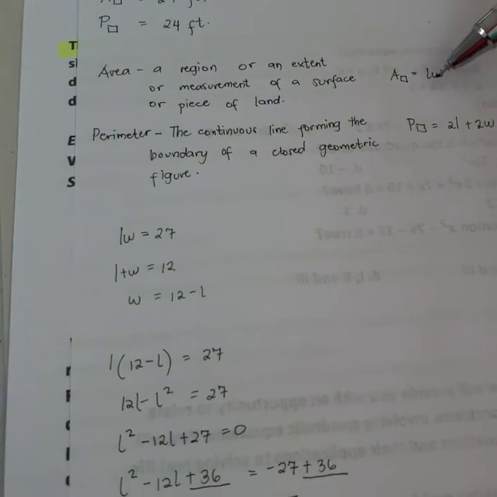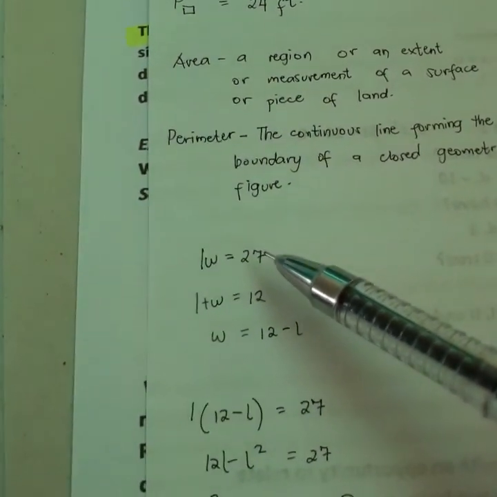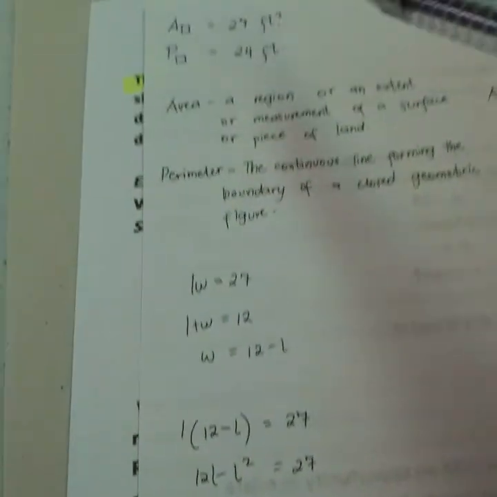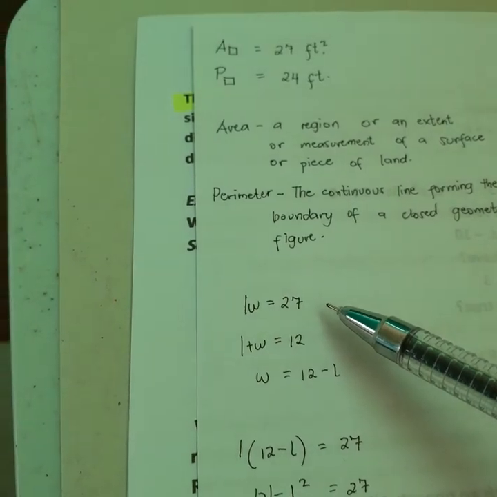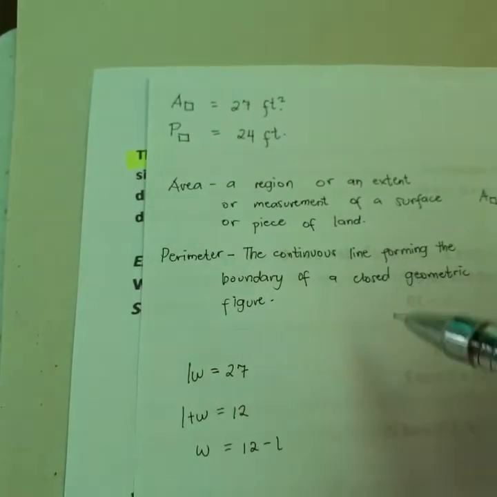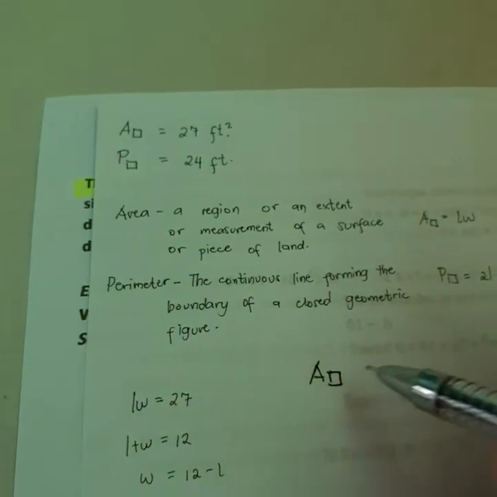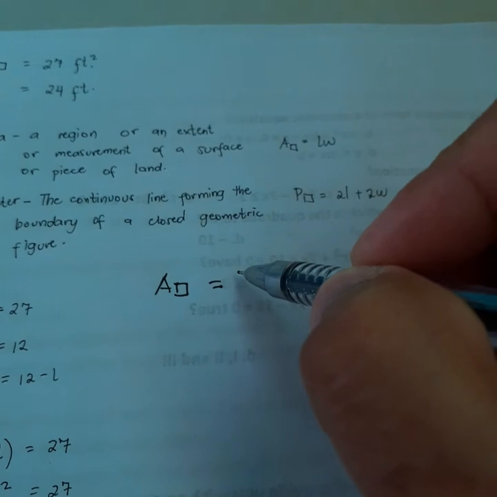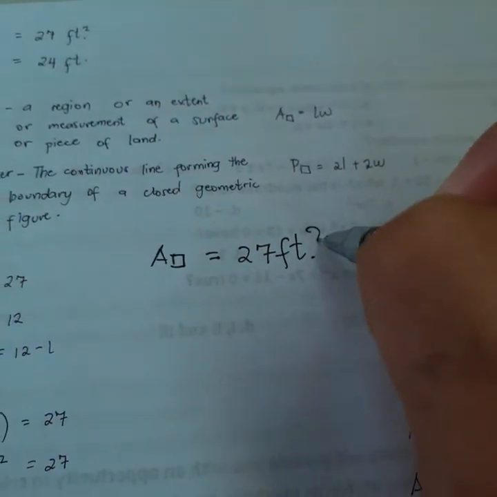Okay, next step is, since ang atong area is 27, di ba? So, we substitute the area 27, so we can write it as area of a rectangle is equal to 27 square feet.